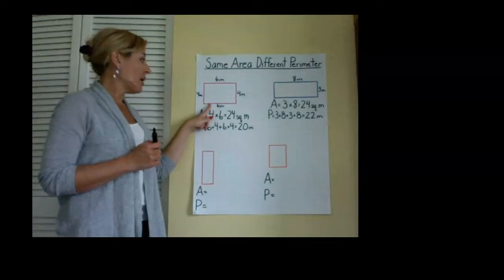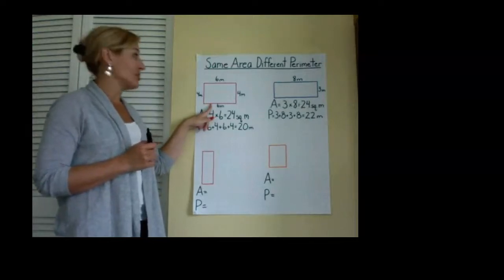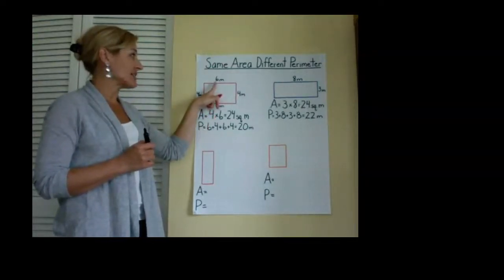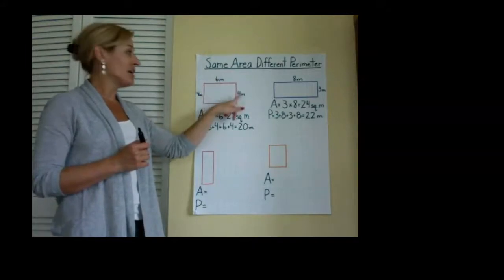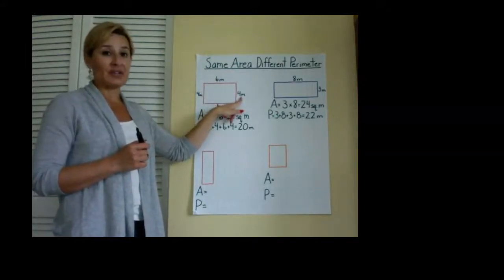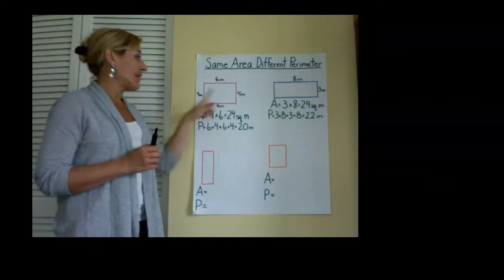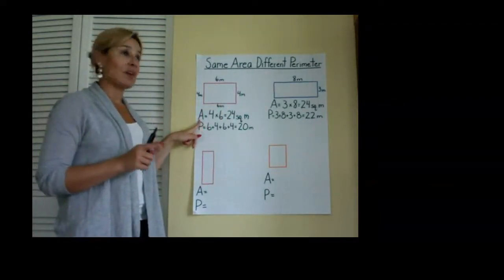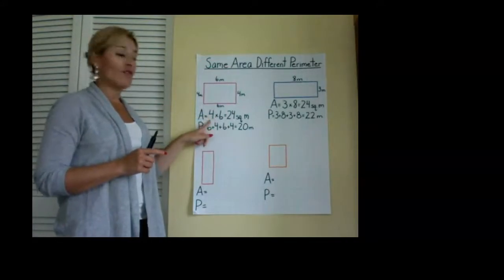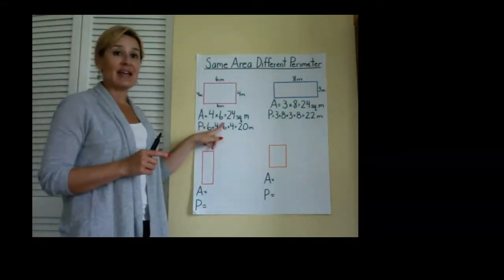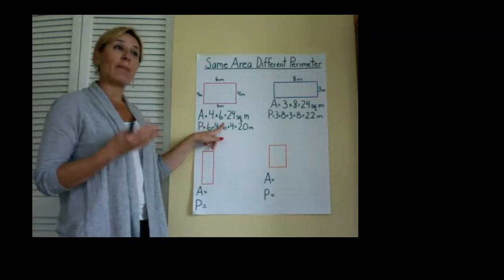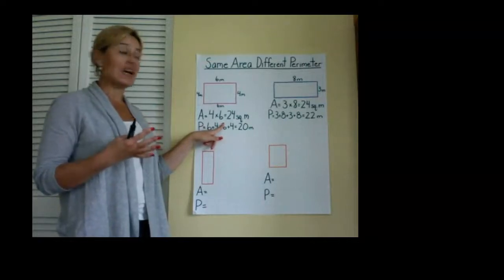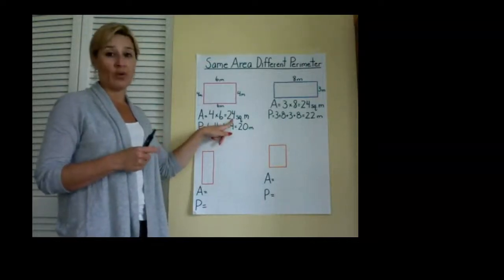On my purple rectangle here, you can see that I have a rectangle that measures 6 meters by 4 meters. If I want to find my area, remember area is length times width. So I'm going to multiply 4 times 6. I should know that if I count by fours 6 times, I'm going to get 24.